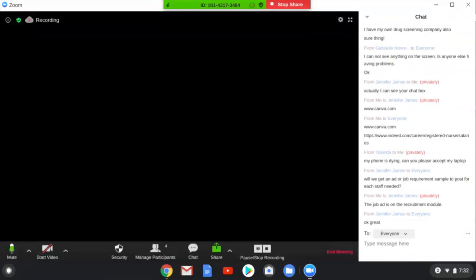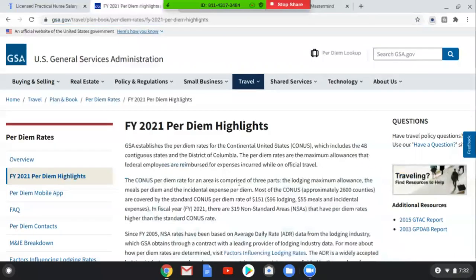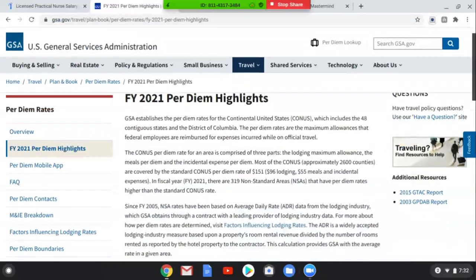So feel free, and now I'm going to talk a little bit about travel pay and just this portion of it, just so it helps people kind of understand the per diem and the meals and incidental breakdown. So every year, the federal government creates a per diem highlight, so they create an overview of per diem rates, which is essentially your meals and incidentals expenses and housing rates.